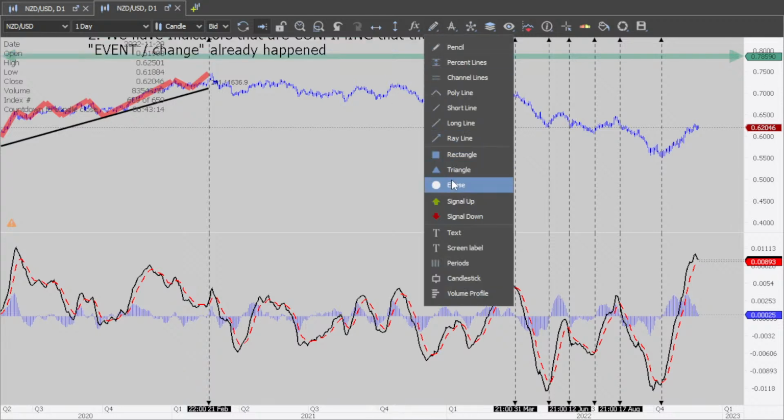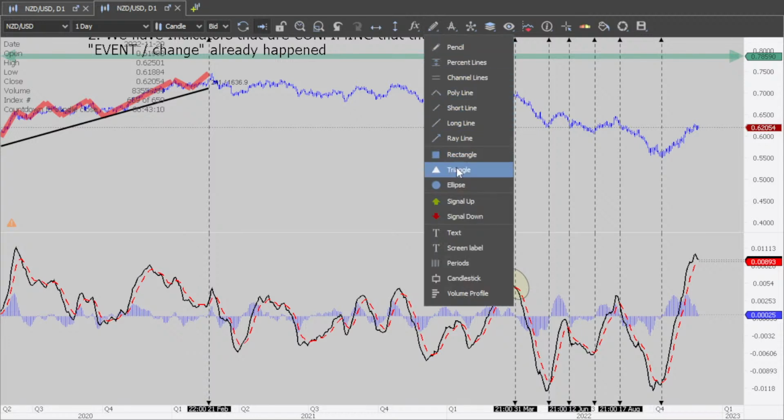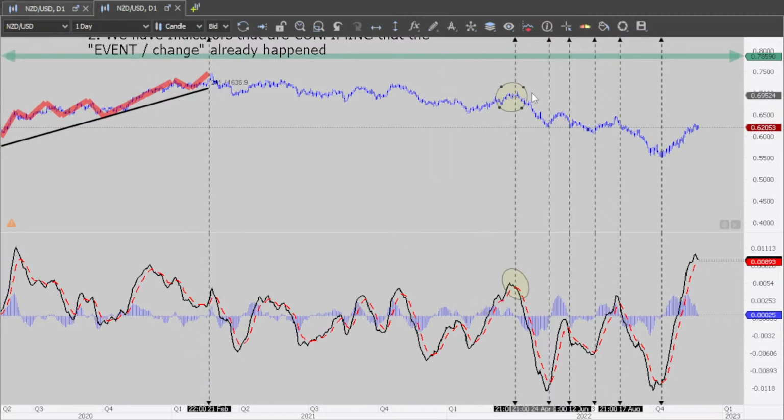Can you see it, everybody? Cross in here, and the market was already changing direction. Cross in here, and the market was already changing. How does MACD know? Because MACD reacts after the event, everybody. Make sense?